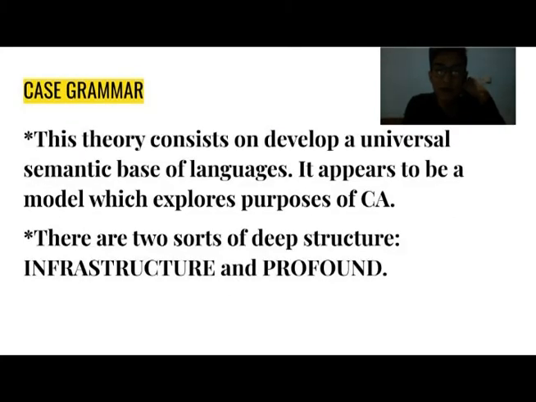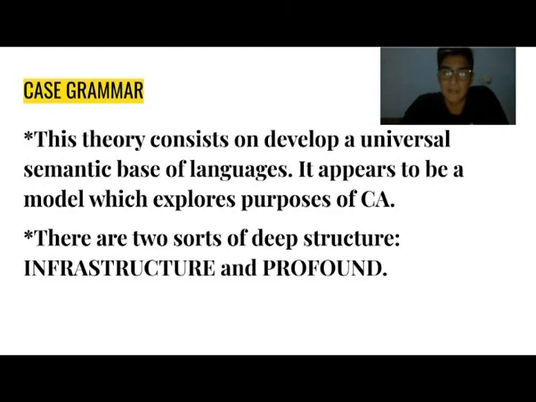Well, the last theory that we are considering here is case grammar. In this theory, it has been proposed that there are two sorts of deep structure. One of them is infrastructure, and the second one is profound structure.